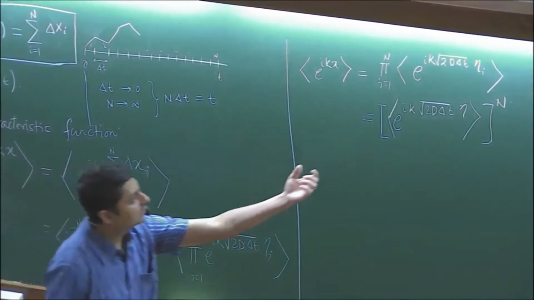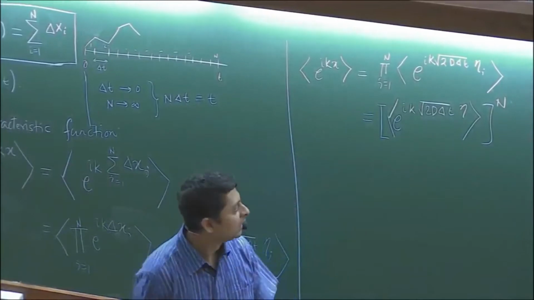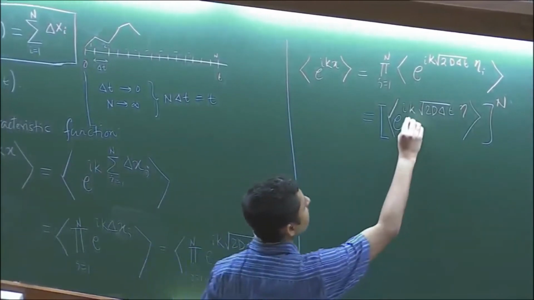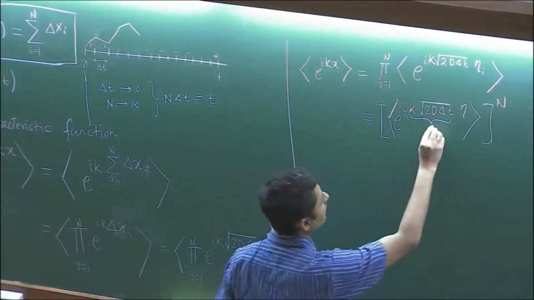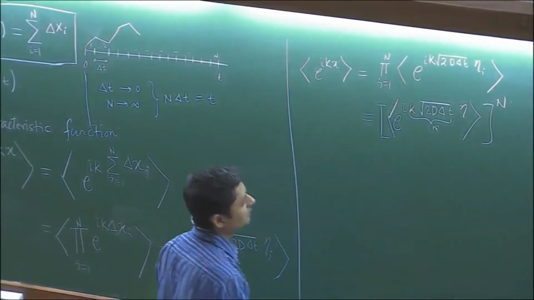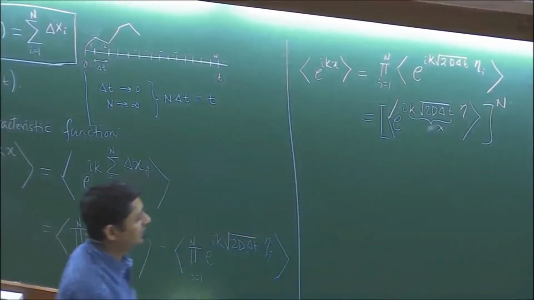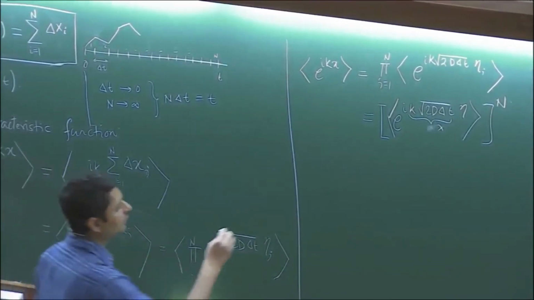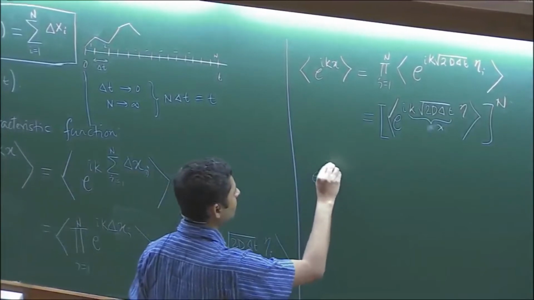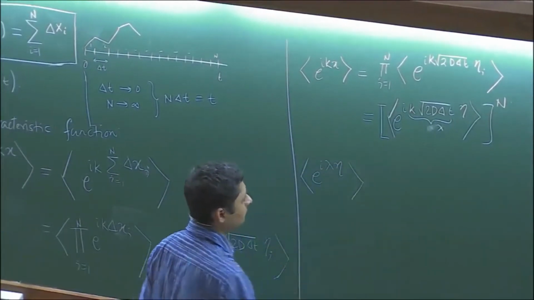We have to compute this quantity. If you call it lambda, it's essentially the generating function, the characteristic function of this noise. So what you have to compute is e to the i lambda eta.